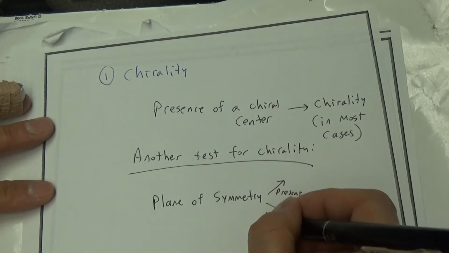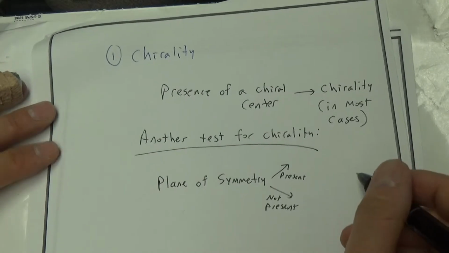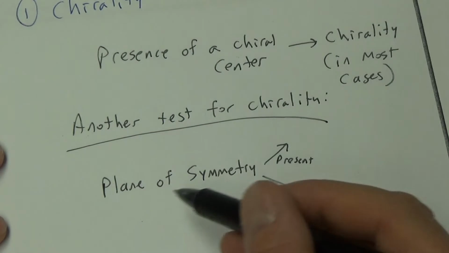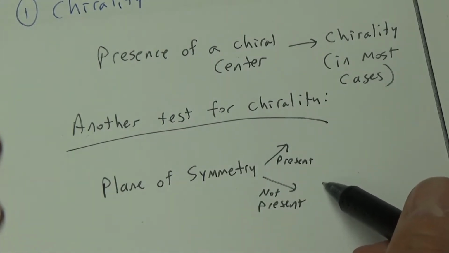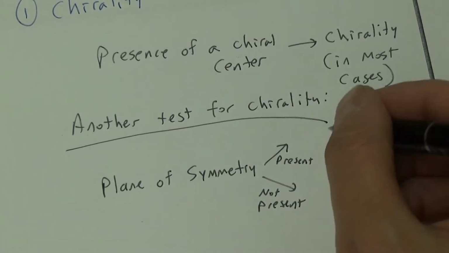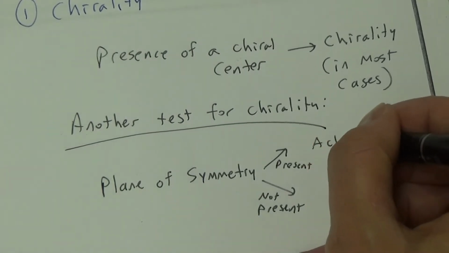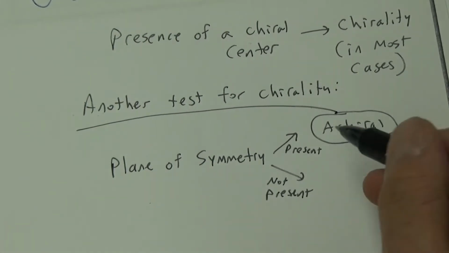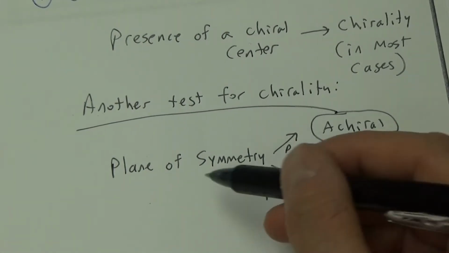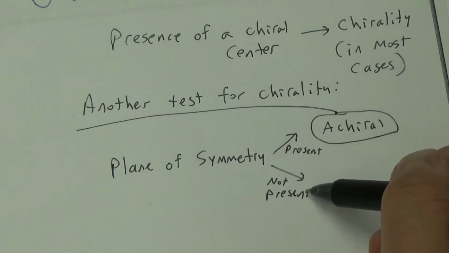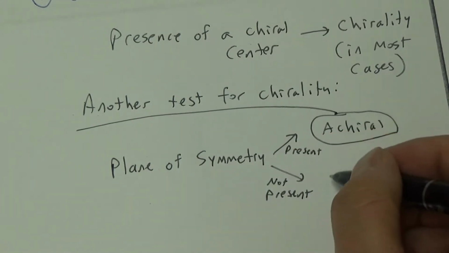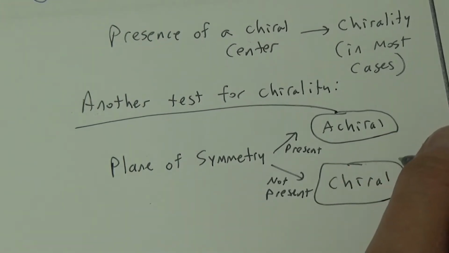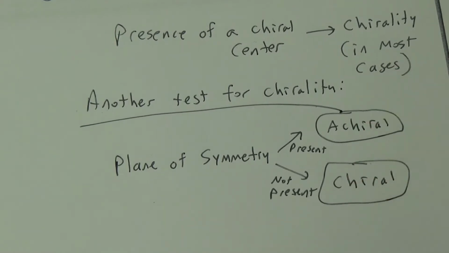So if there's a plane of symmetry in the molecule, and we'll show that in a second, if it's present, it's achiral. So if one side of the molecule mirrors the other side, the molecule is always achiral. If there's not a plane of symmetry, if we cannot see a plane of symmetry, it's not present, it's chiral. So that's another way we can consider chiral molecules versus achiral molecules.